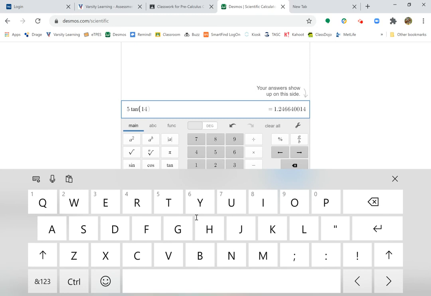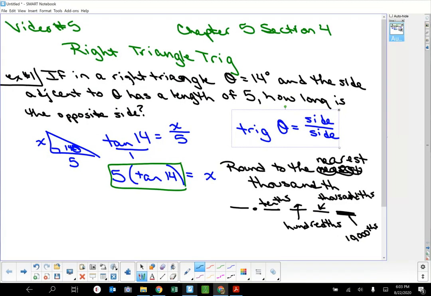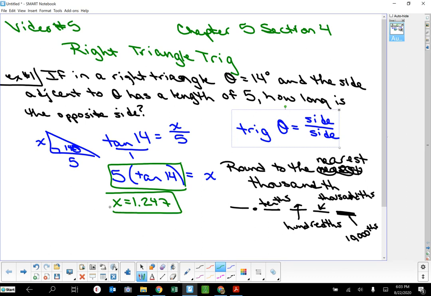So we're going to have 1.247 when we answer this question. So this is x equals 1.247. And that's what you would plug into Varsity. Okay? So there's one example.